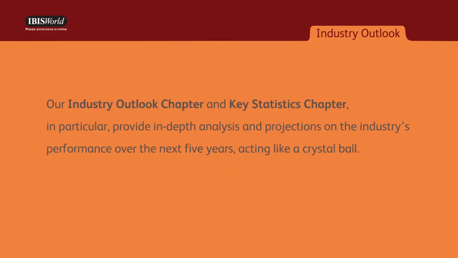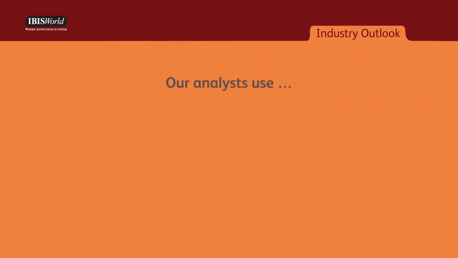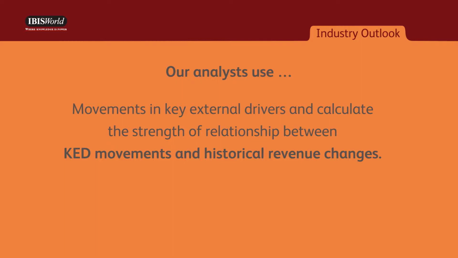Our Industry Outlook chapter and Key Statistics chapter, in particular, provide in-depth analysis and projections on the industry's performance over the next 5 years, acting like a crystal ball. But you won't find any crystal balls in our analysts' hands. Our analysts use movements in key external drivers and calculate the strength of relationship between KED movements and historical revenue changes.